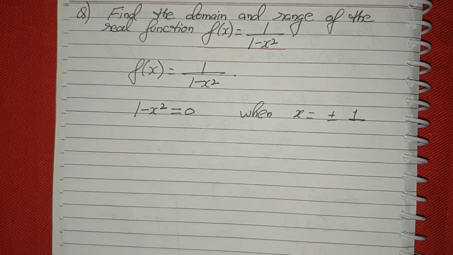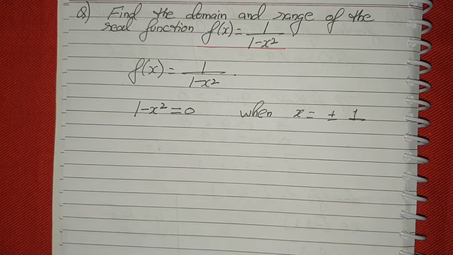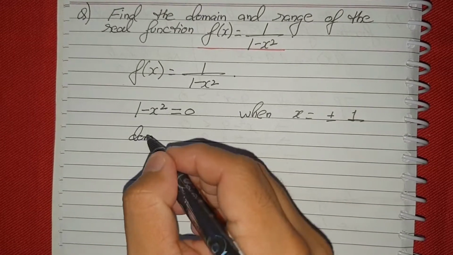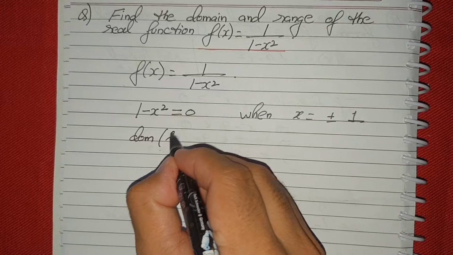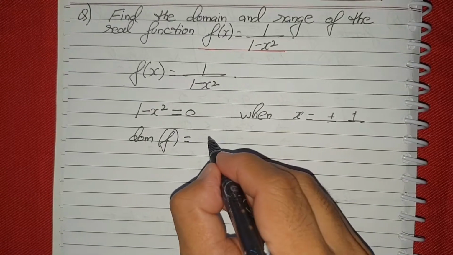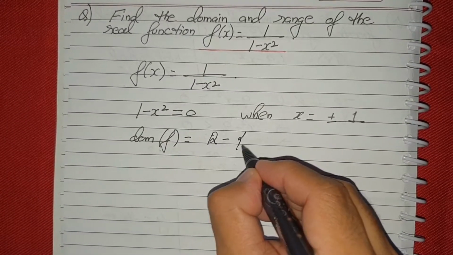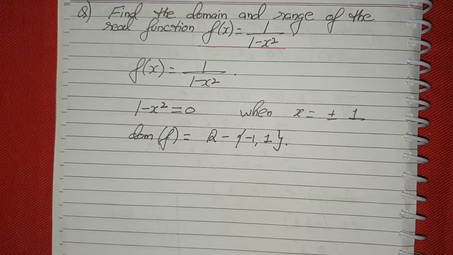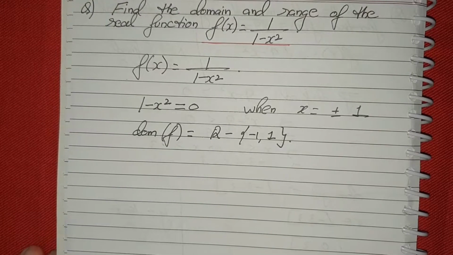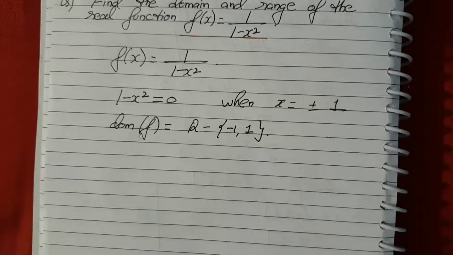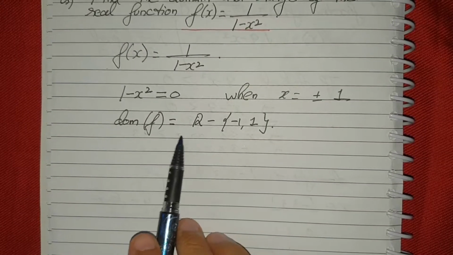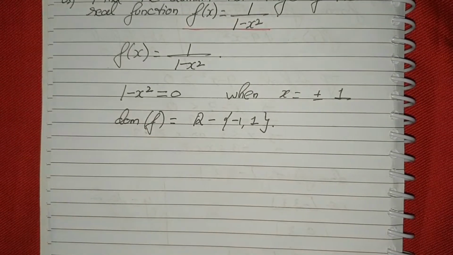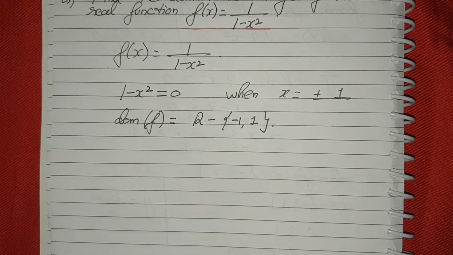So it is not defined there, while for the other numbers it is defined. So the domain of f equals R minus {minus 1, 1}, meaning leaving minus 1 and 1, for the rest we can put all numbers.